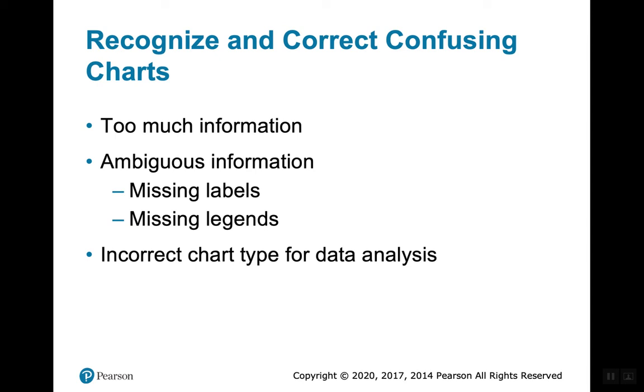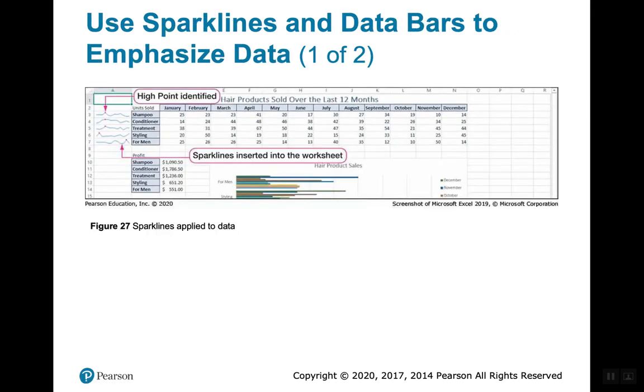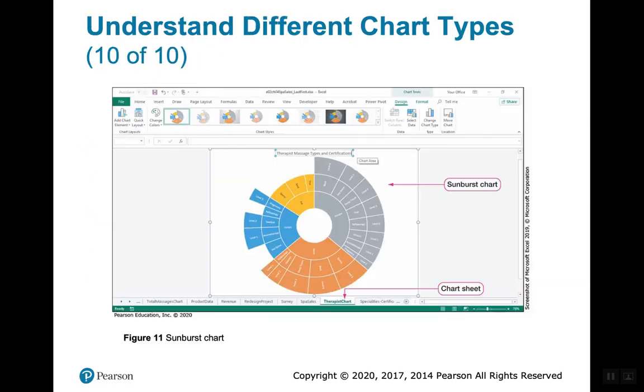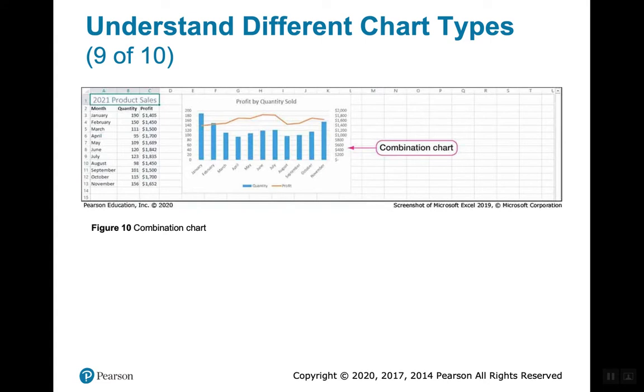Ambiguous information. All right. So what will happen is, say for example, we look at a chart. All right, so things like the labels of what these things are. So this is quantity, profit by quantity sold. Making sure that we label what all of these data attributes are, and label them in such a way so it makes sense.